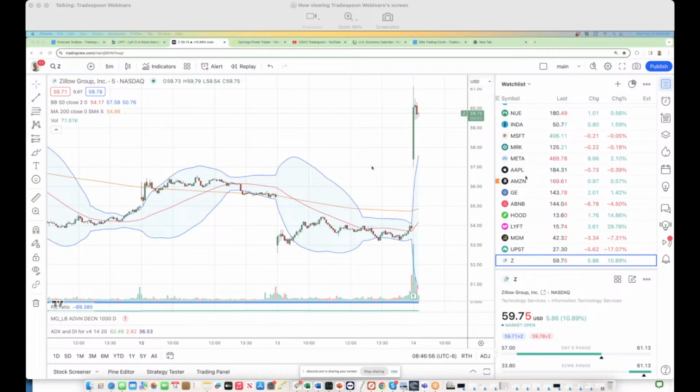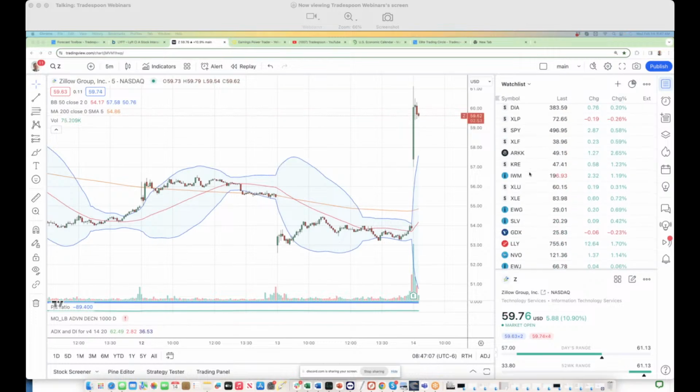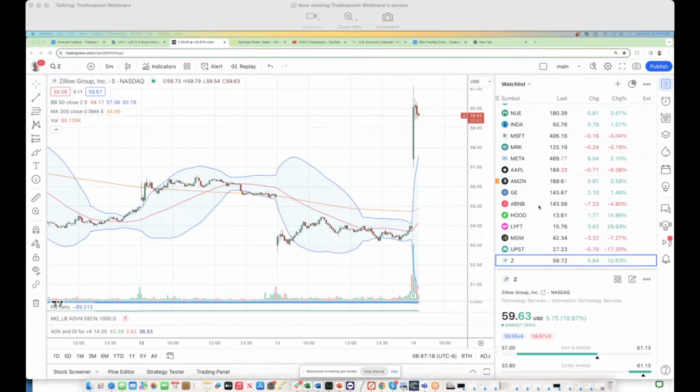Any questions? All right, so I'm watching this. Apple is lower. So it looks like mega caps, not all are participating in the rebound. Where's the QQQ? QQQ is up. I mean, Robinhood better than expected results, Lyft better than expected results, Zillow better than expected results, Airbnb. Upstart is still down.